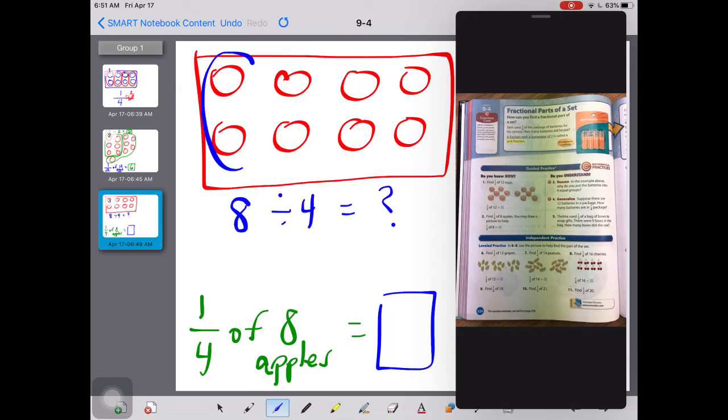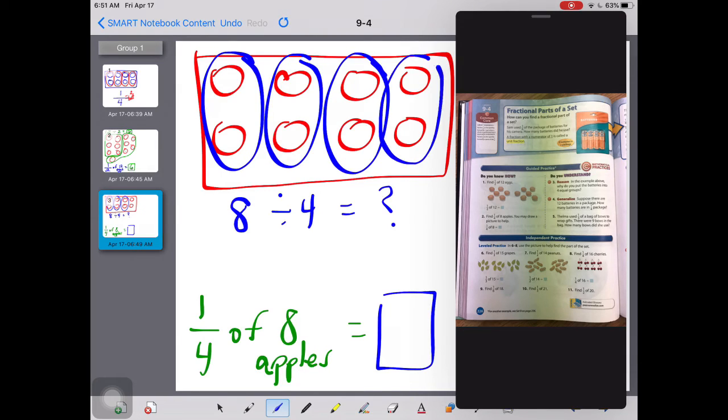Let's go 1, 2, 3, and 4. 4 groups. There are 2 in each. So our answer is 2. So therefore, 1/4, or 1 out of 4 groups of the 8 apples, there's 2.